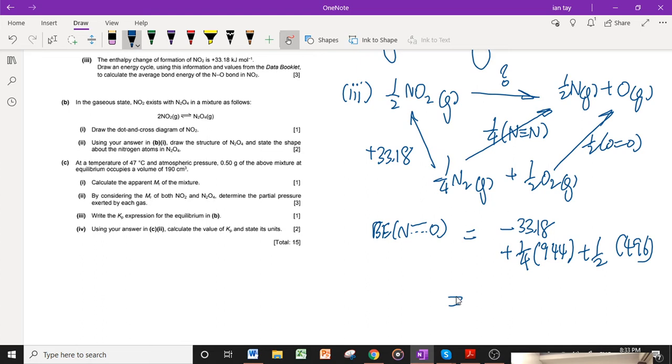But I'm sure that modern quantum chemistry methods have discovered the reason for the exceptional bond strength of the nitrogen-nitrogen triple bond. Maybe I shall make a video on that in future. But then we can get the value of plus 451 kilojoules per mole.